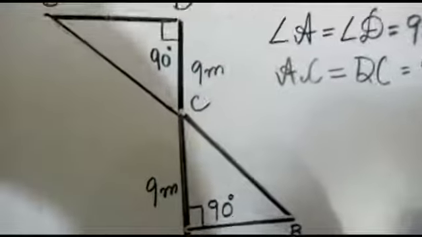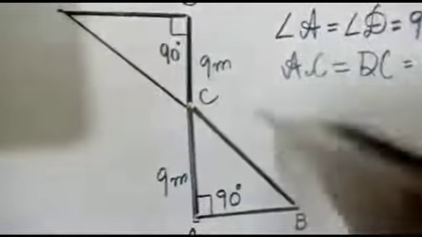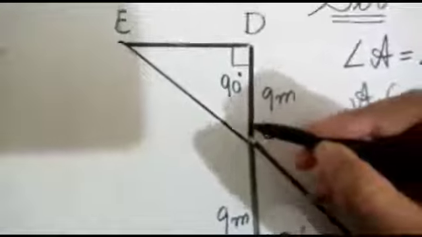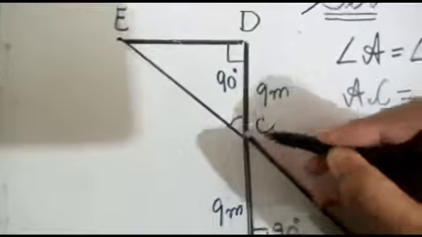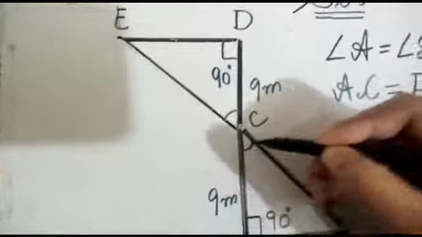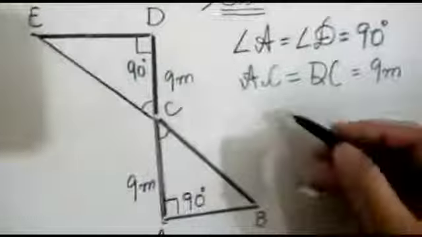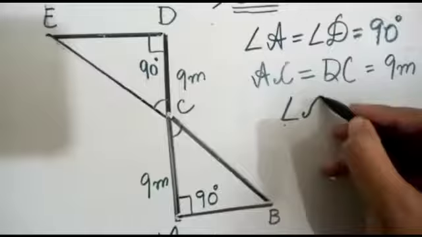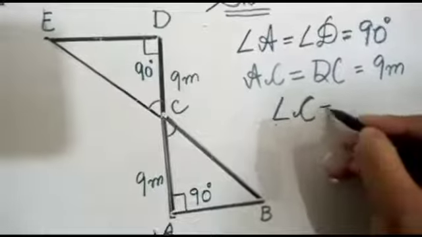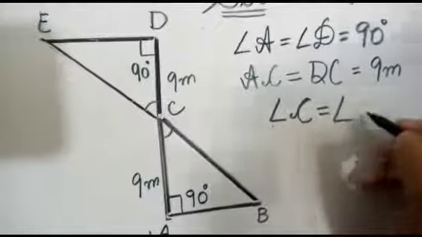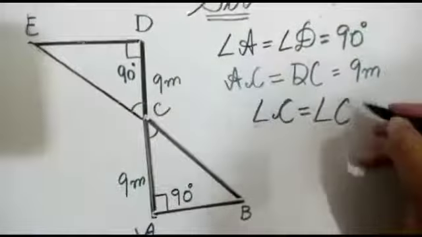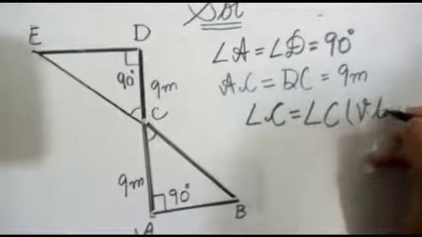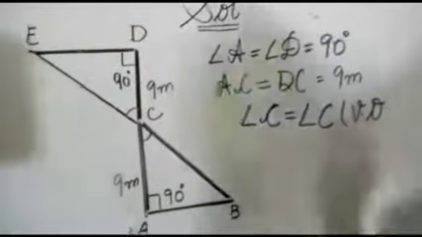Now we can see here that the point C is common in both triangles, and these two angles in both of these triangles are equal to each other because they are vertically opposite angles. So I can write here angle C is equal to angle C because they are vertically opposite angles.